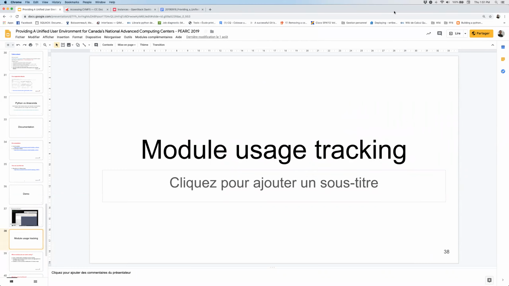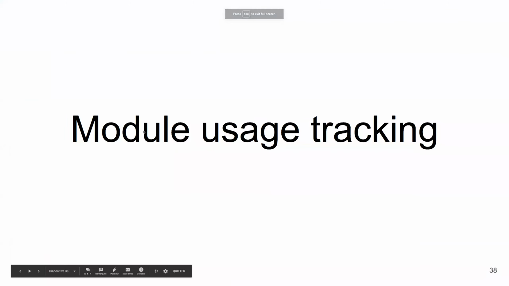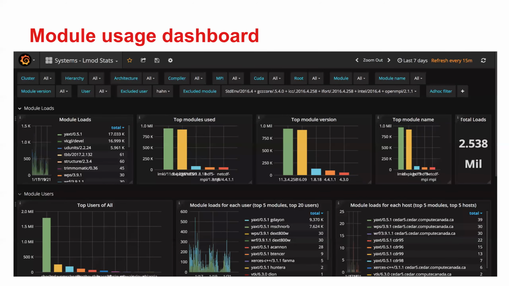For the module with Lmod, we also have module logging. So every time somebody loads a module, it writes a log line into the system log. So it won't send anything to ComputeCanada, but it writes it in your local system log. And then on our cluster, we take those system logs and send them to an Elasticsearch stack with Grafana, so we can see which module is used on which cluster by which user.